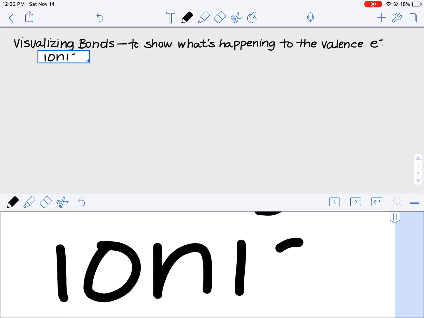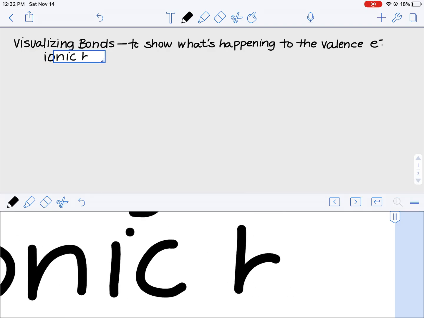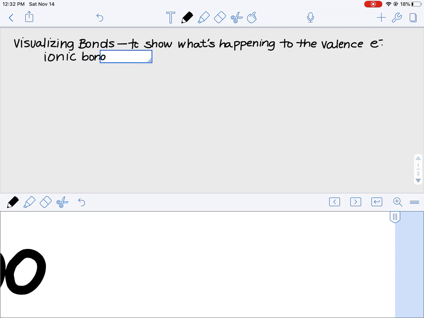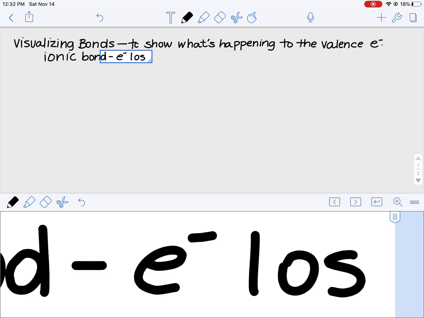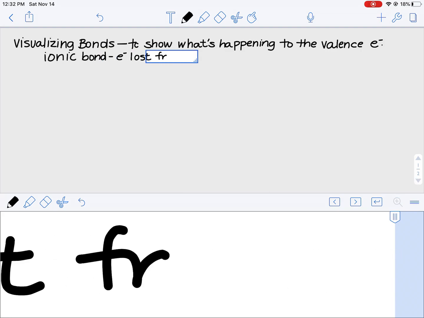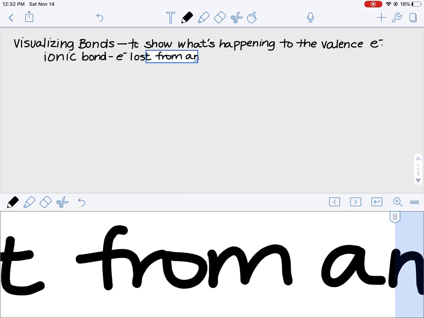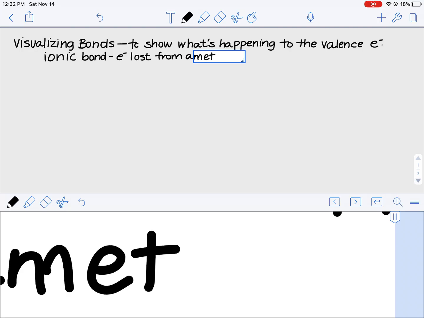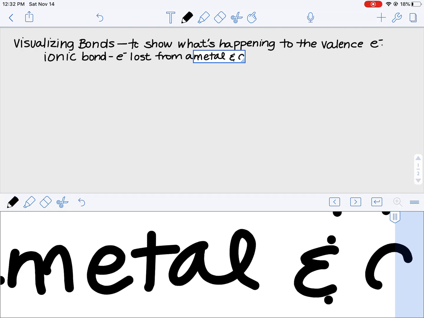A reminder from last lesson, in an ionic bond, the valence electrons are lost from a metal and gained by a nonmetal.